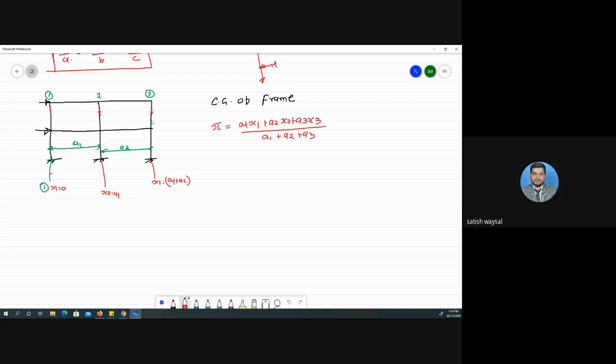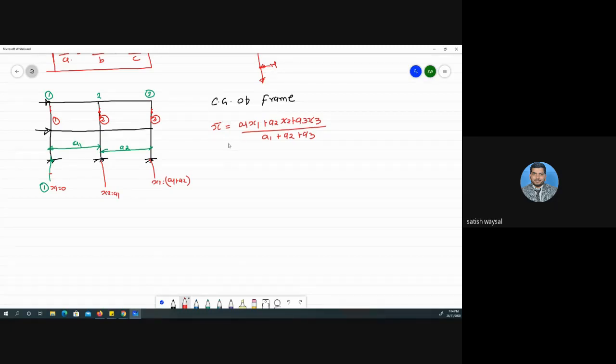Why have we taken these three? Because we have only three columns here. If a frame has more columns, we can take a larger number of areas. Understood this x bar? Okay, now x bar is this.